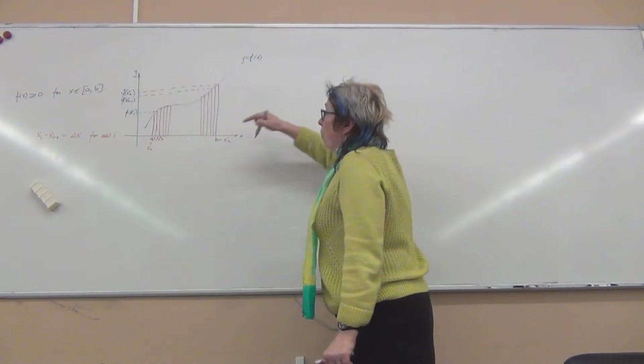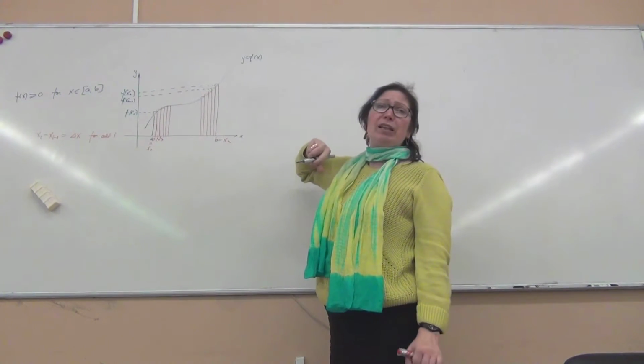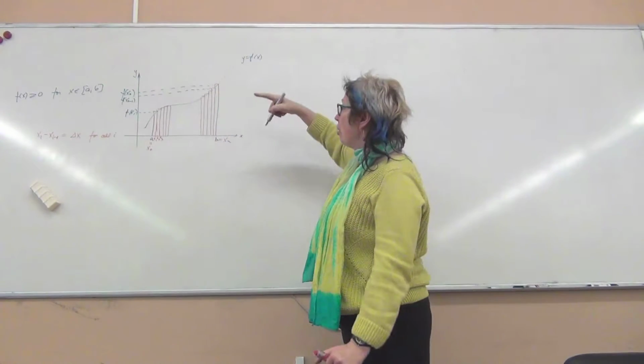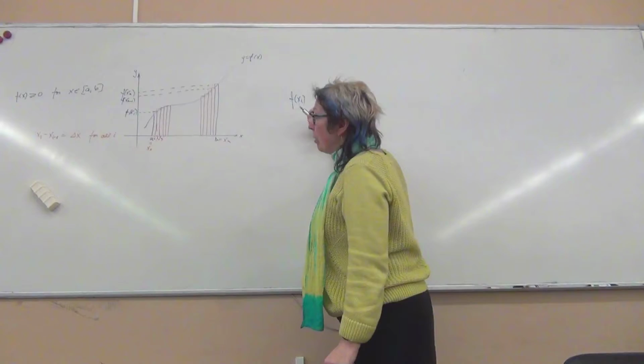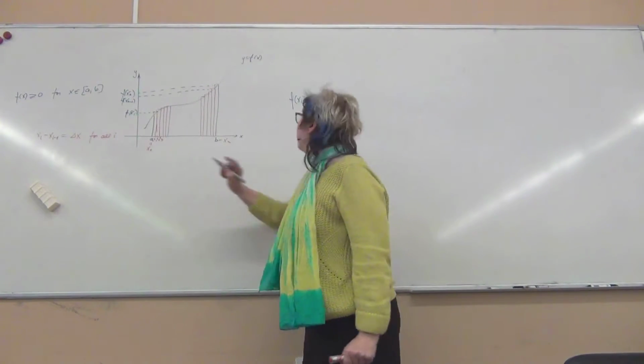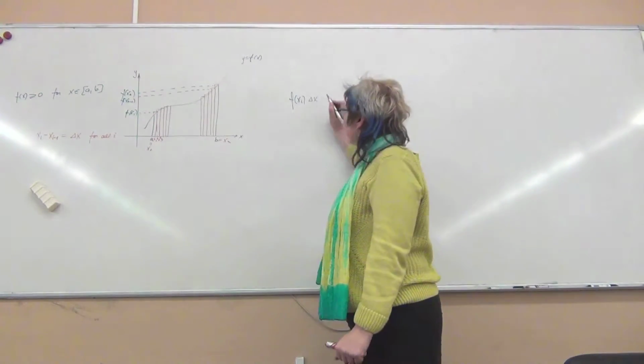So the area of each tiny rectangle, or not so tiny, but at least very, very thin, the area of each rectangle will be f at the point xi, so the right-hand endpoint, times the width of the rectangle, which is delta x.